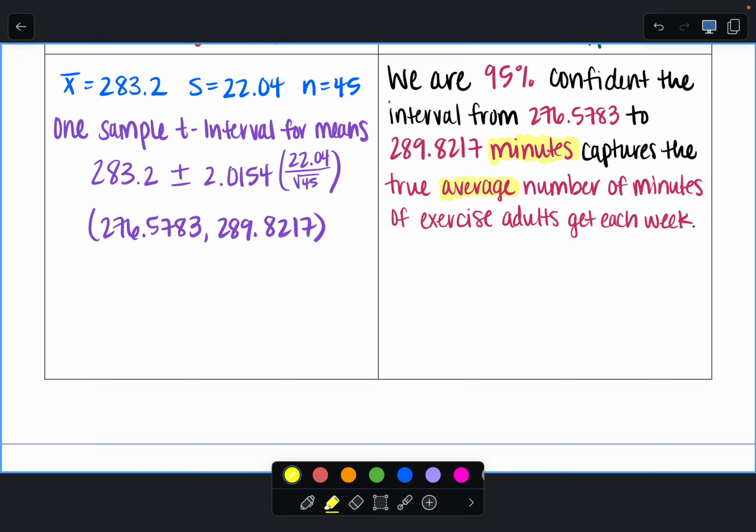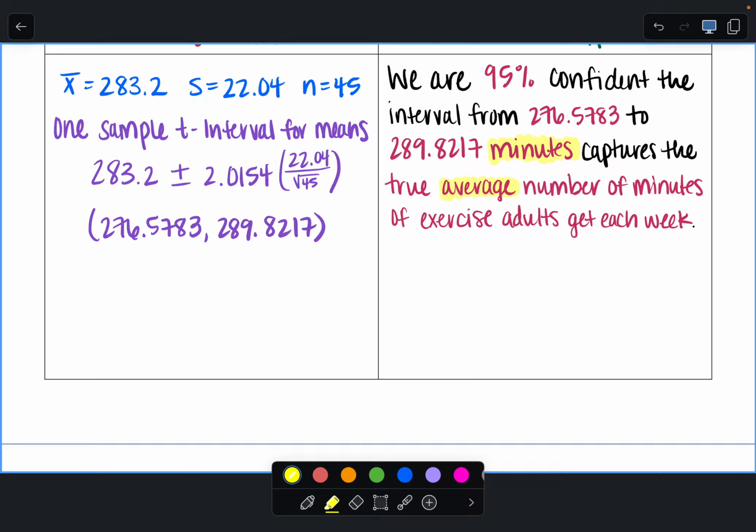So we are still going to have problems where you have to calculate the sample size given a specific margin of error. The margin of error in the case of these intervals is t-star times standard deviation over the square root of n.